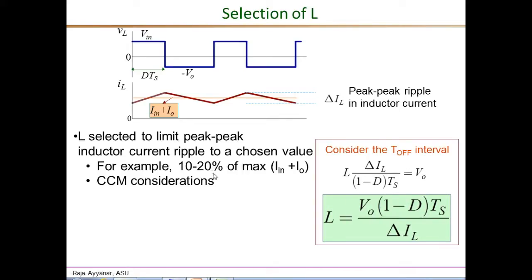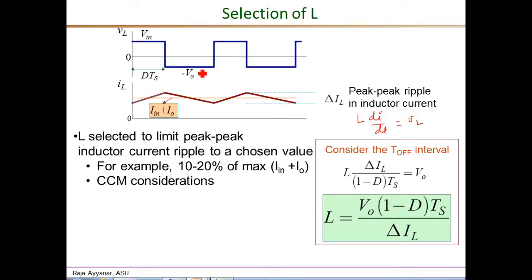In any case, regardless of how we choose the delta IL value, once we have made that choice, the expression for the inductance L required to meet the chosen delta IL under any given operating condition can be derived as shown here. Essentially, the equation for L: L di over dt is VL.